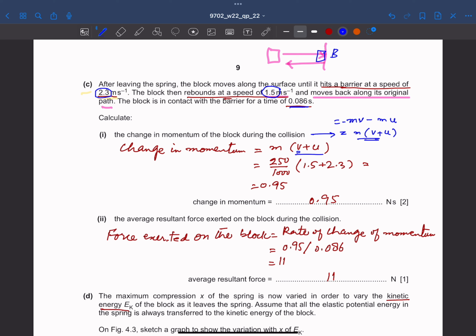So when you use this formula directly, of course change the mass from gram to kilogram, and with these velocities you are ultimately getting the change of momentum 0.96 Newton second. So remember this thing, that this is the change in momentum, and the change in any quantity will have the same unit as that of the quantity. So momentum is Newton second, so the change in momentum will also be Newton second.